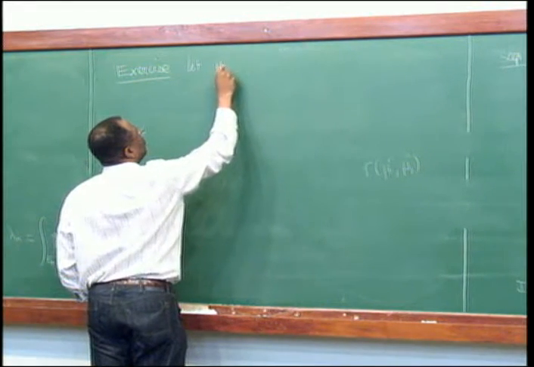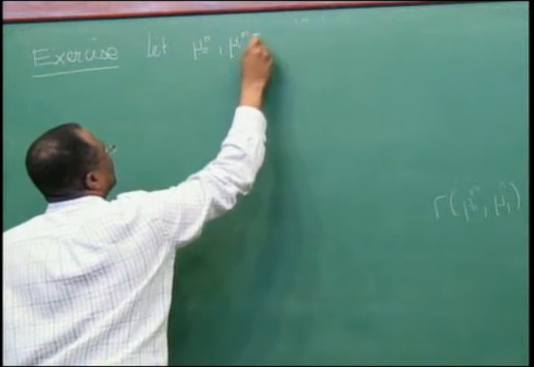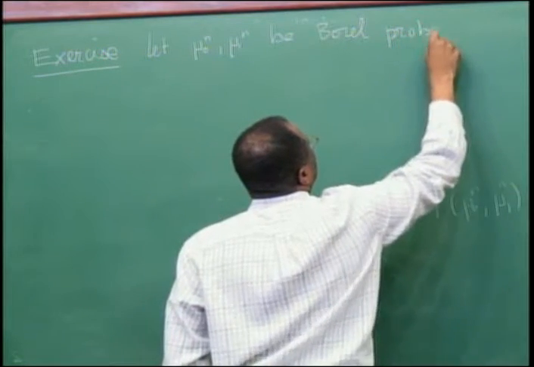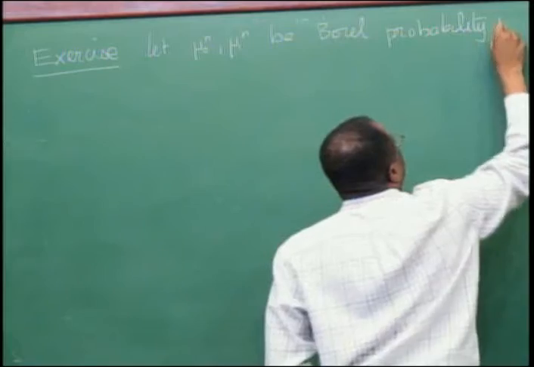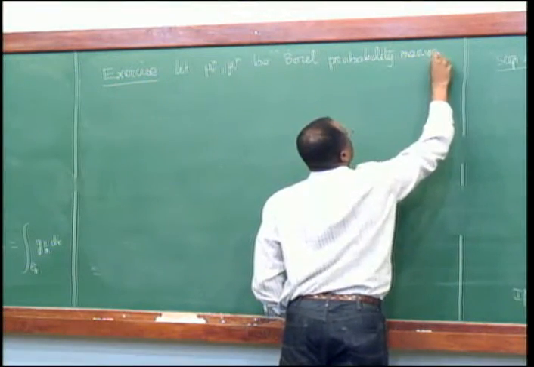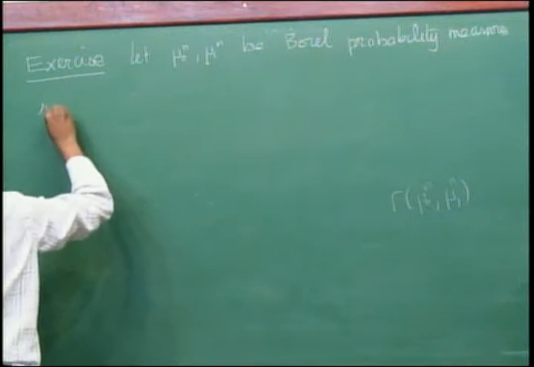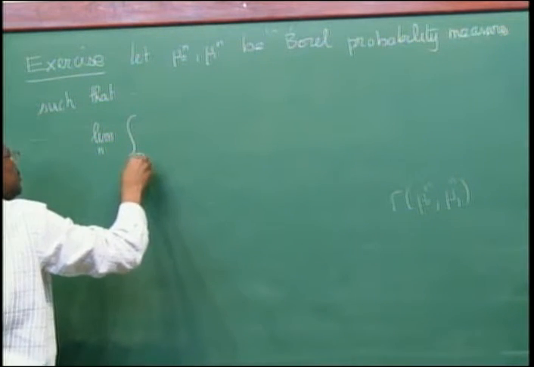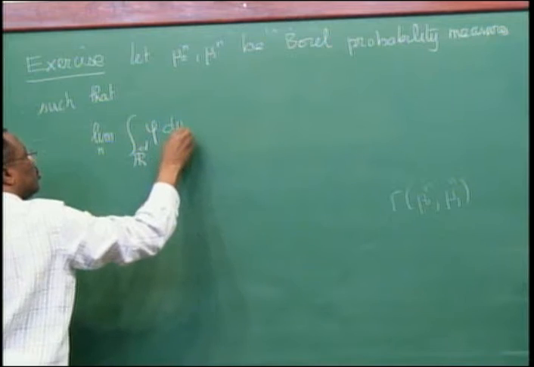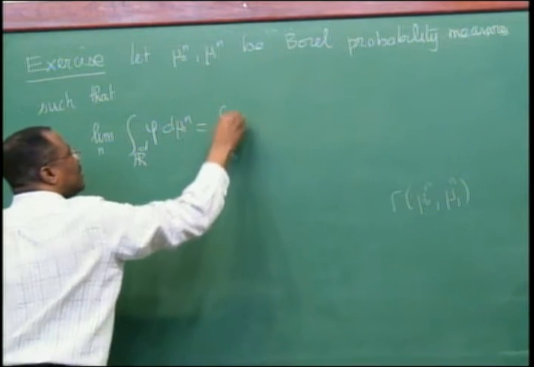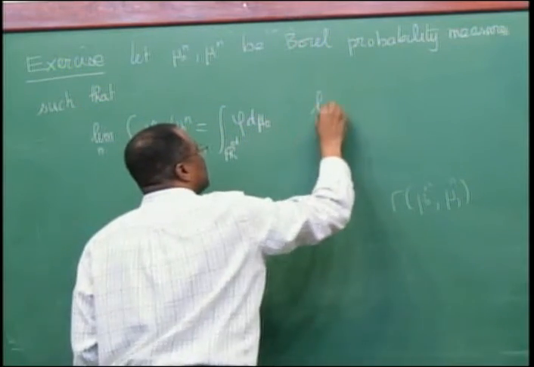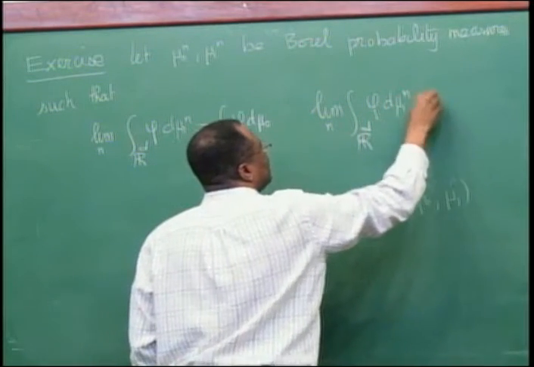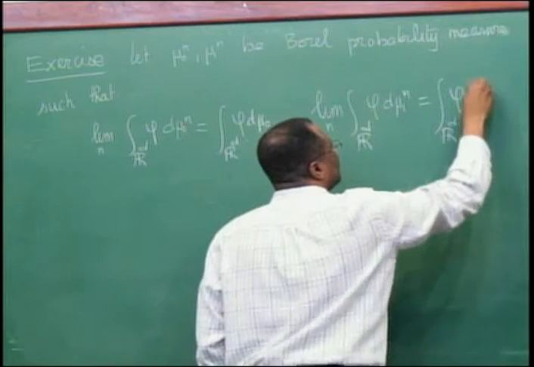Let mu_0n, mu_1n be Borel probability measures such that the limit when n goes to infinity of the integral over R^d of phi d mu_0n equals the integral over R^d of phi d mu_0, the limit when n goes to infinity of the integral over R^d of phi d mu_1n is the integral over R^d of phi d mu_1.